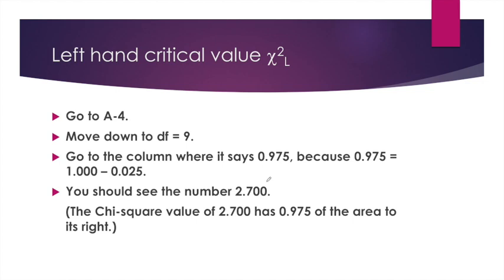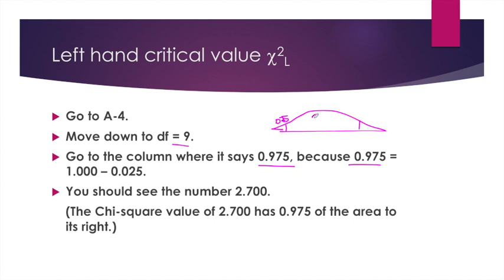Okay, now we need to find another chi-squared value. We need to find the left-hand critical value. So we're going to be in the same row where the degrees of freedom is 9, but now we go to the column where it says 0.975, because 0.975, okay, is going to be the left-hand value, right? If we have this, we've got two tails. We had 0.025 over here.